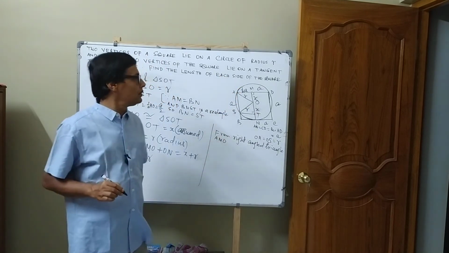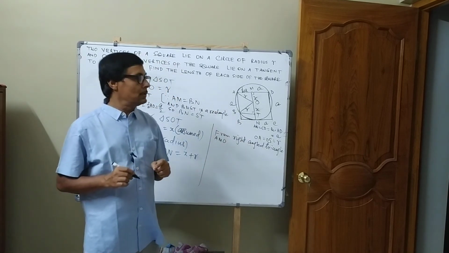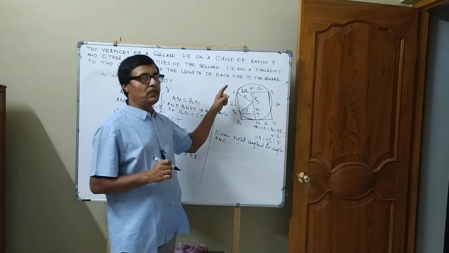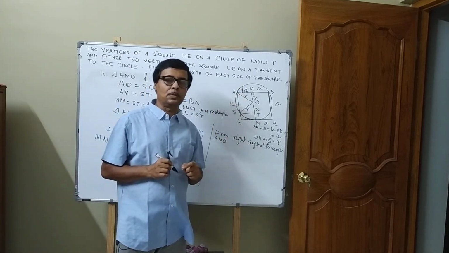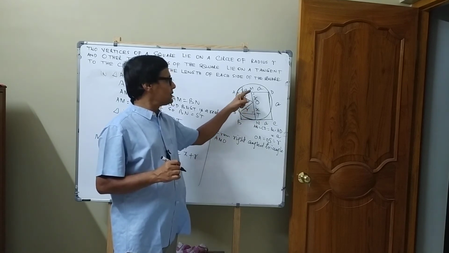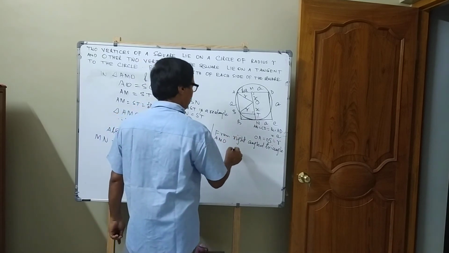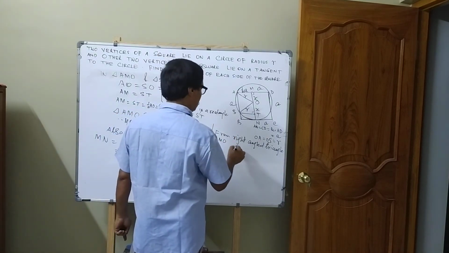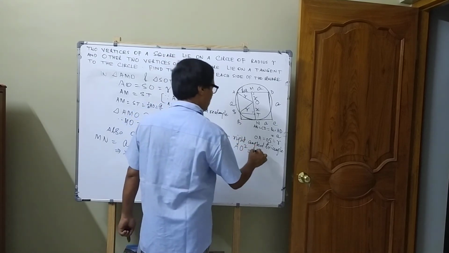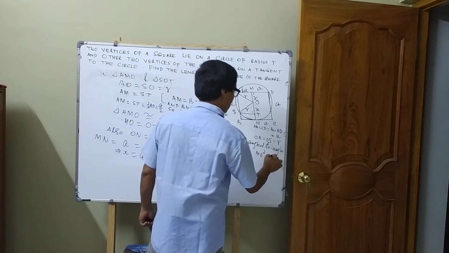This relation is that the square of the hypotenuse is the sum of the squares of the other two sides, that is, AO square equal to MO square plus AM square.